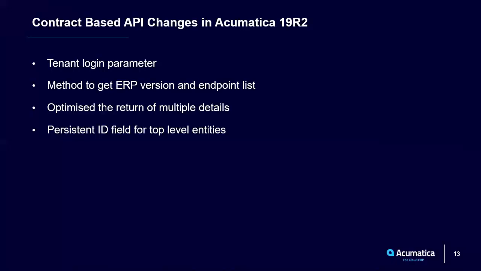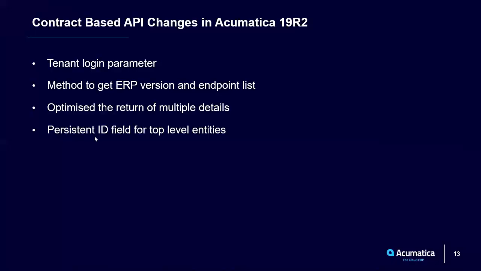So once you logged out and logged back in, that session ID would no longer be valid. As of 2019 R2 though, this ID field is now persistent for all top-level entities and is based on the note ID field.